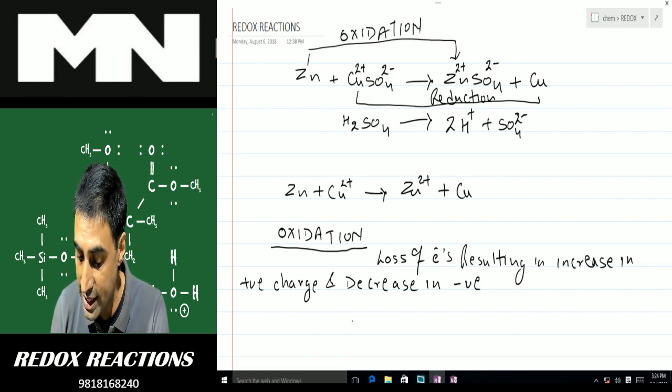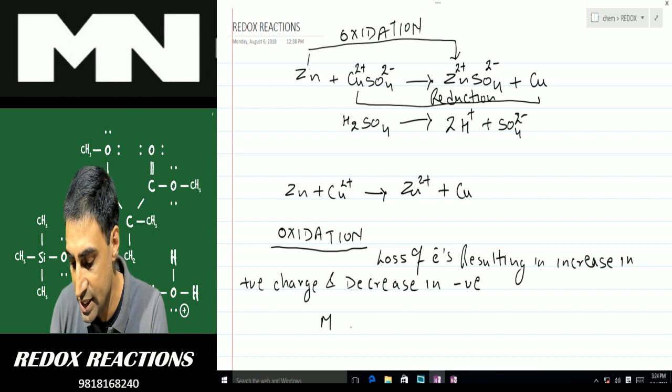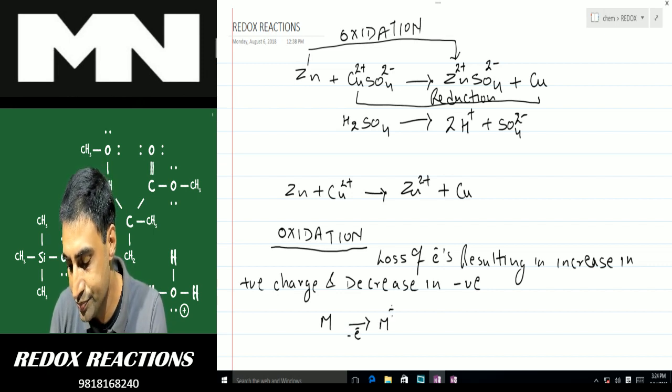For example, I have M that is losing electron and is getting converted to M positive.